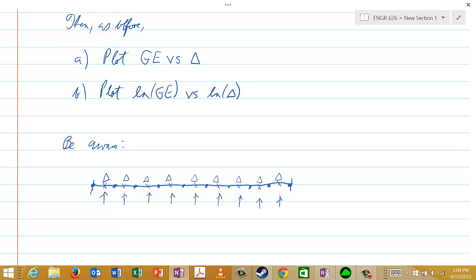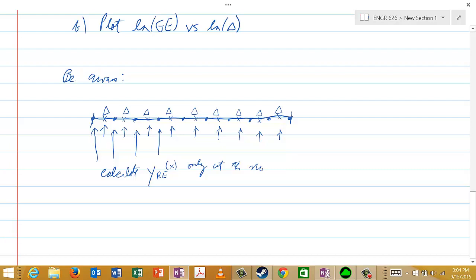So in other words, what I want you to do is calculate YRE of x only at the nodes in the mesh with spacing delta.